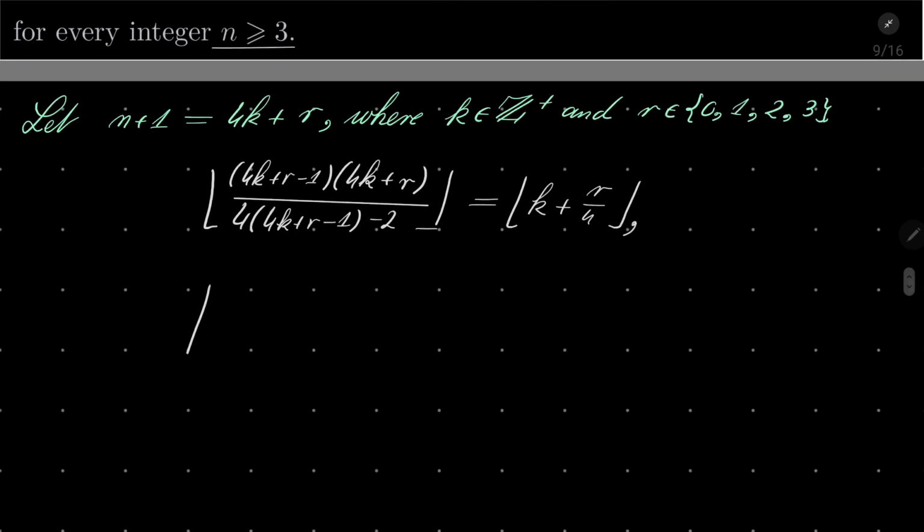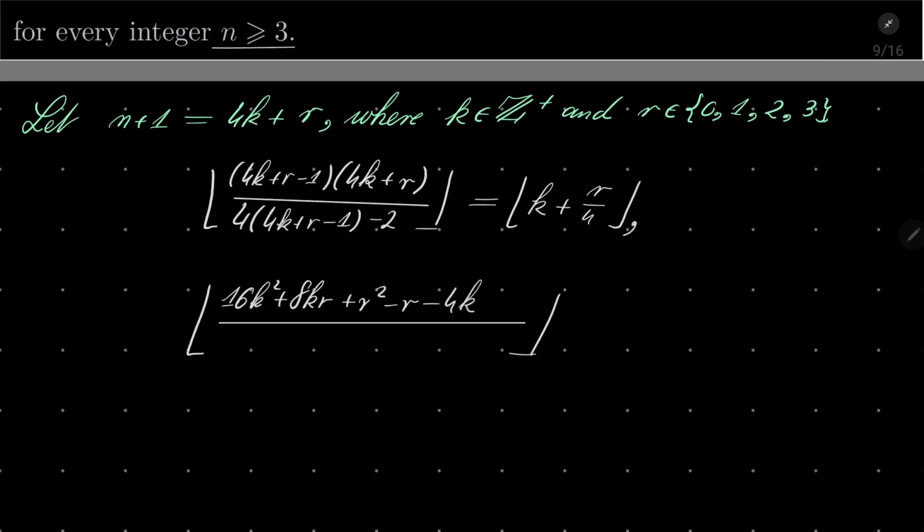Now, what can we do? We can take the entire left hand side and we can expand it. So we have 16k squared plus 8k times r plus r squared minus r minus 4k, if I'm not mistaken.